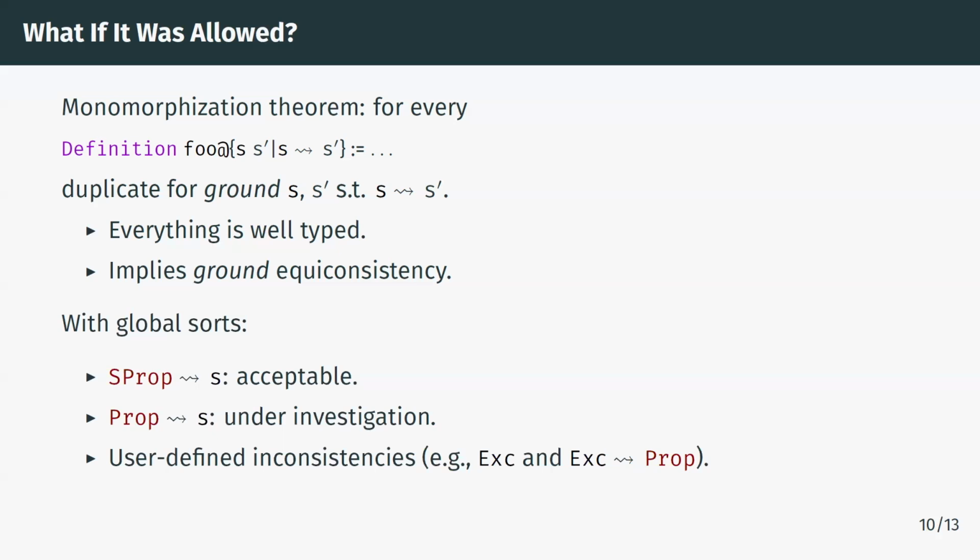But otherwise, if S doesn't eliminate to S prop, then it means that S cannot communicate with Rocq's ground type theory. And so even if the sort turns out to be inconsistent, it doesn't matter. The case prop eliminates to S is still under investigation. And so we still have these user-defined inconsistencies that can pop up with the previous example.